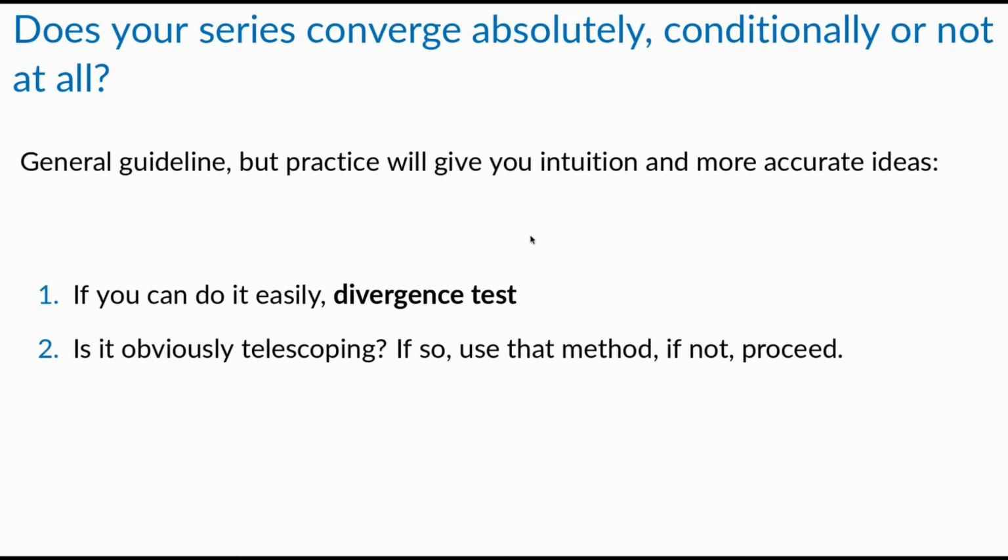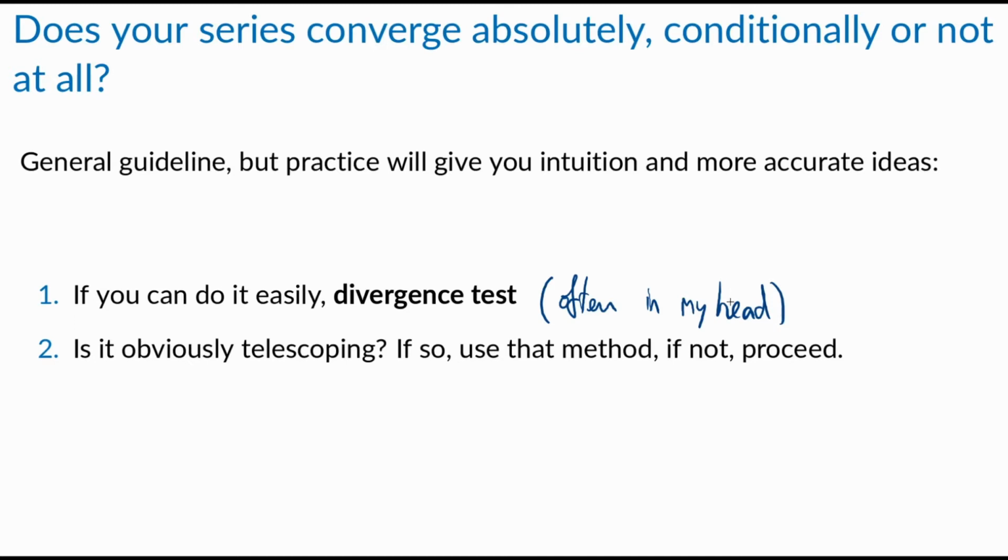Okay, so the procedure that I tend to do is, the first thing I do is I check the divergence test, often directly in my head, without writing anything down. If you're able to do it in your head, that's really good. If not, do it on your scratch paper and see if it gives you something. If it does, great. Most of the time, it's useless.